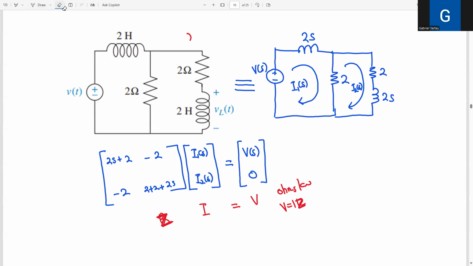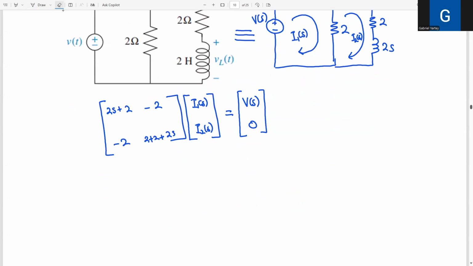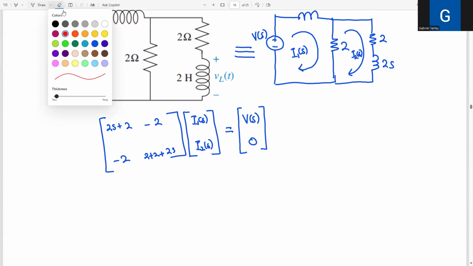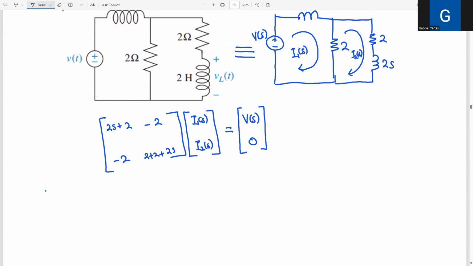Now, the next concept here is how then do we find the transfer function? Okay, so we are trying to find VL of S over V of S, right?